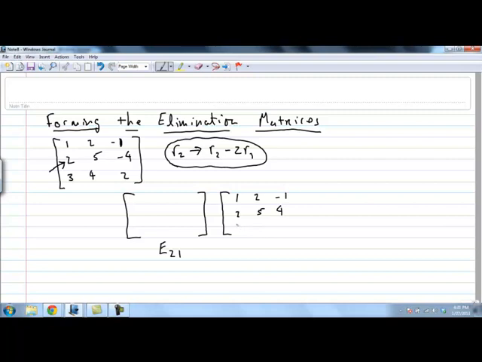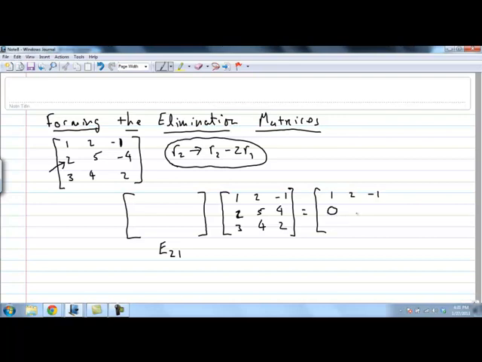This will be my A matrix again. And the result here will be the result that we got from the first elimination step. In the first elimination step, our second row is the one that changed.